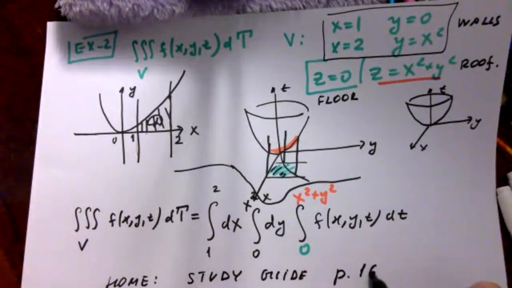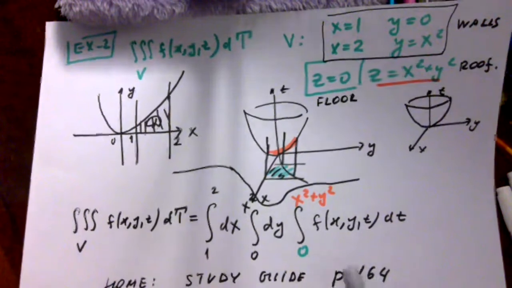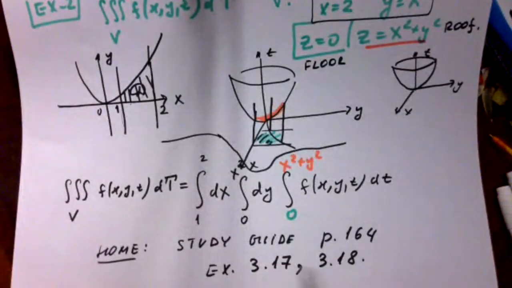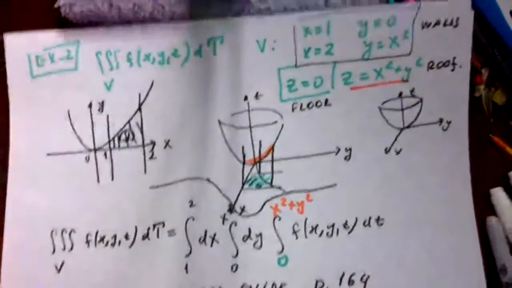This is page 164, and you have two exercises there, 3.17 and 3.18. These are very good exercises for practicing your skills with the triple integrals. They are not actually very difficult at all. One of them is super easy. Maybe one of them is a repetition of one of these examples. But I think it's better than nothing.